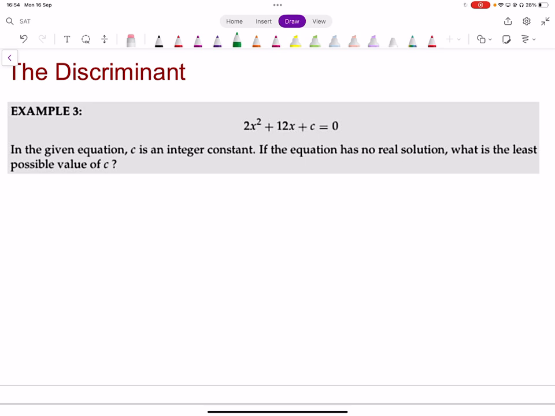If a quadratic equation has no solution, what does that mean? If a quadratic equation has no solution, that means b square minus 4ac should be less than 0. Okay? How can you find the least possible value of c now?